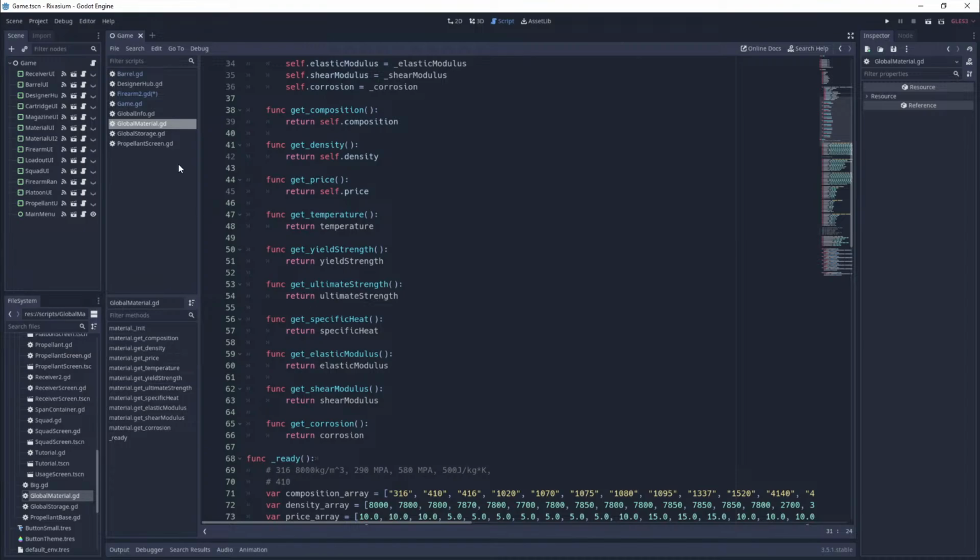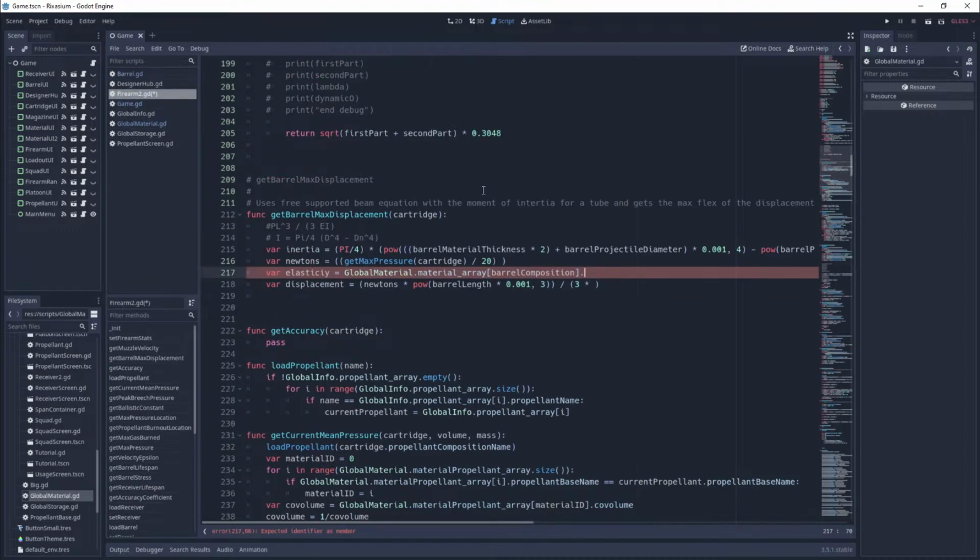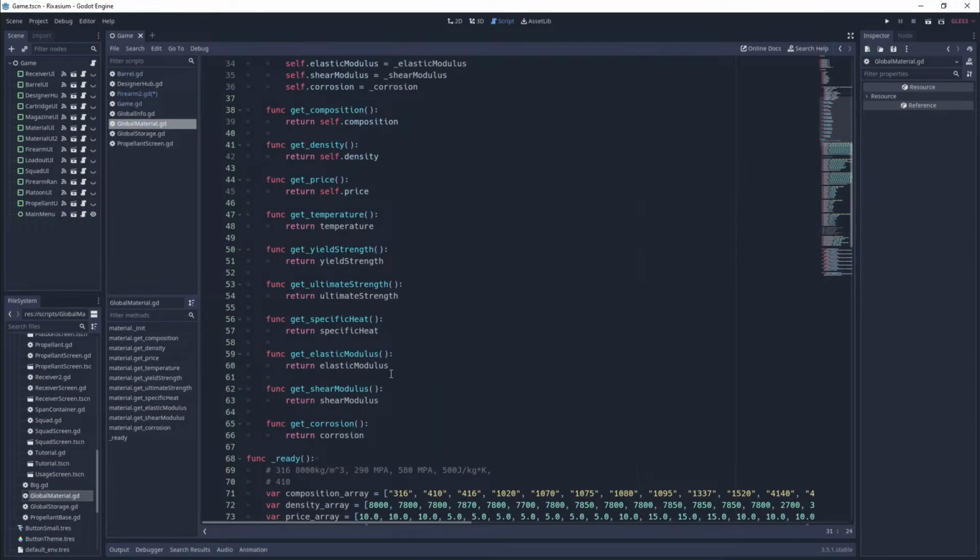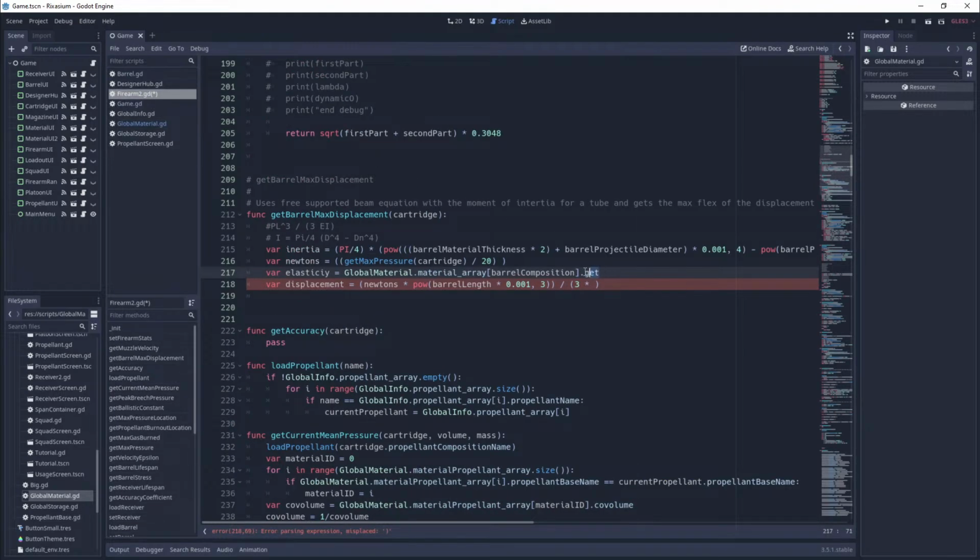So this is not a yet. Just use this method. And here we're just going to replace that with our elasticity and then our inertia.